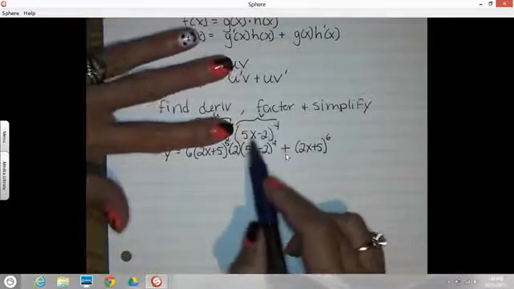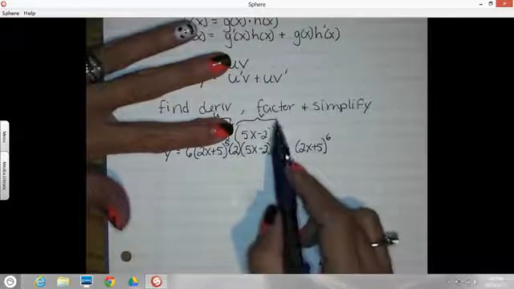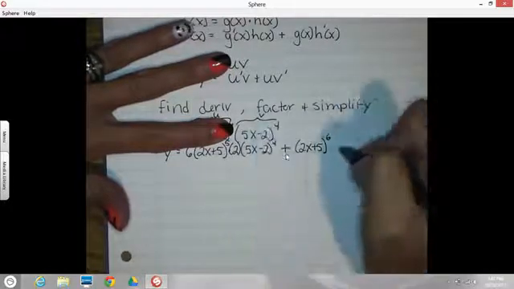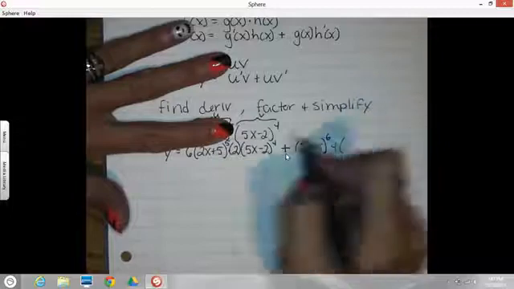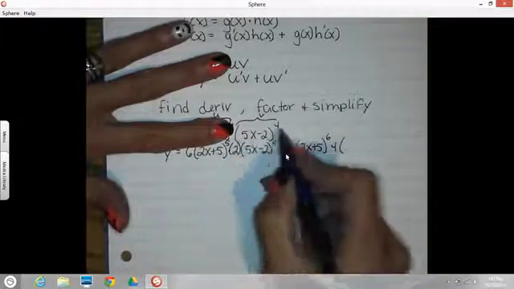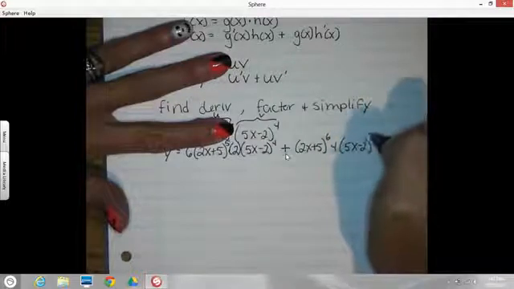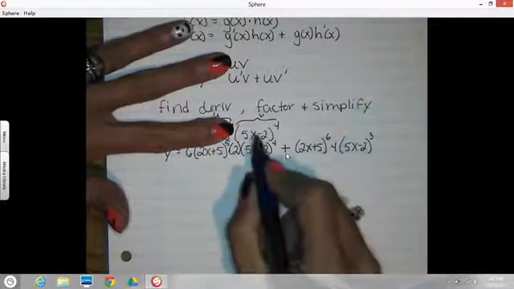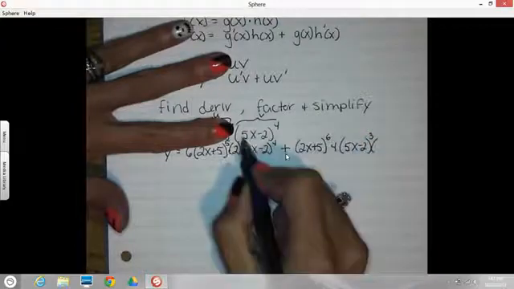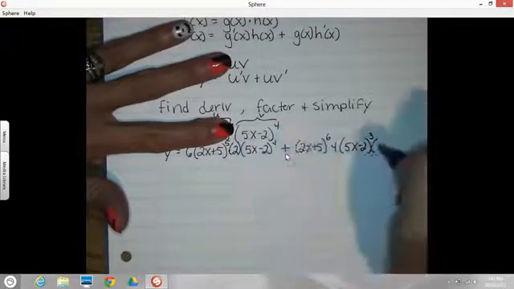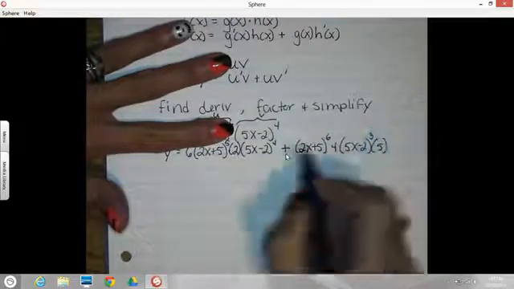I've got an inside, outside chain rule. Start here with the power. 4 comes down. Multiplied by the inside to the 1 less power. And then times the derivative of the inside. Derivative of 5x is 5. And then the derivative of a negative 2 is 0.